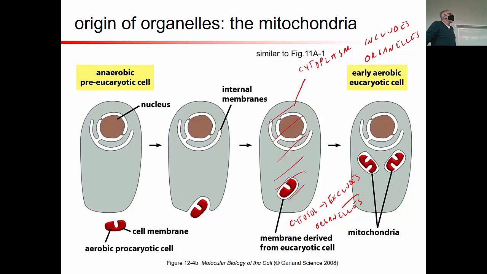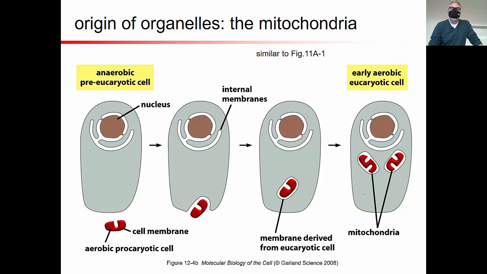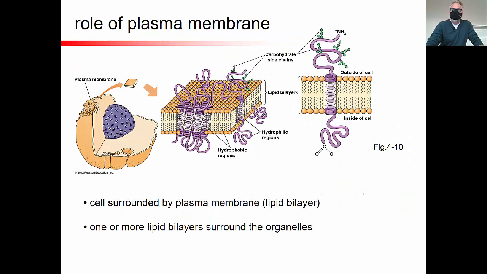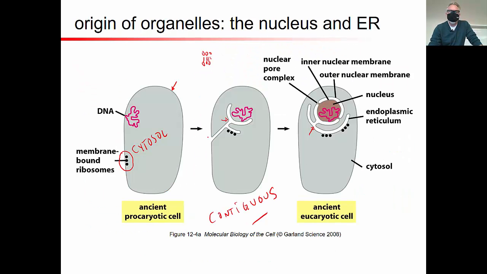So this turns out to be rather important because if we look at this particular slide, what we can see is this area outside the cell, the extracellular fluid, that's trapped in here, isn't it?